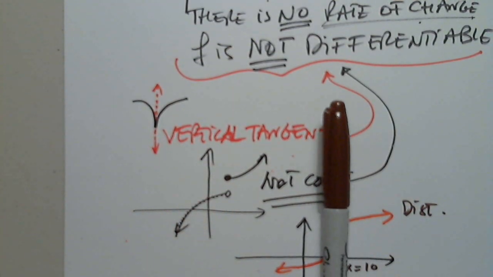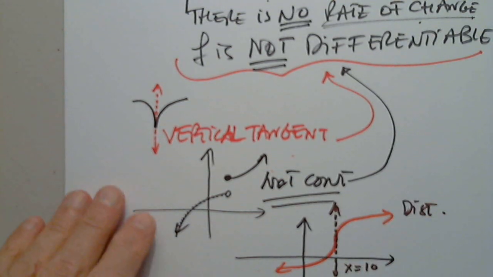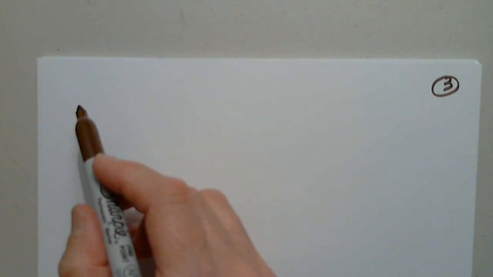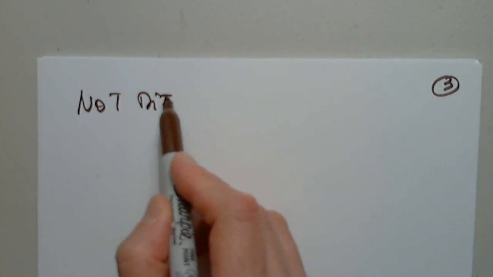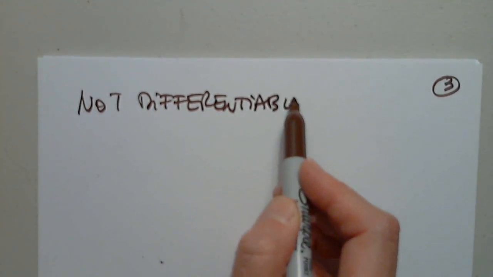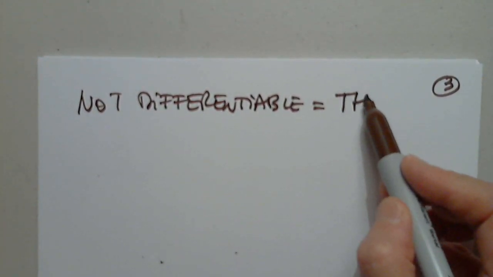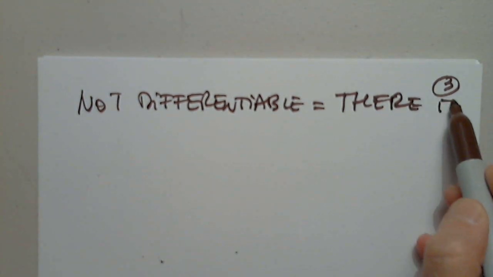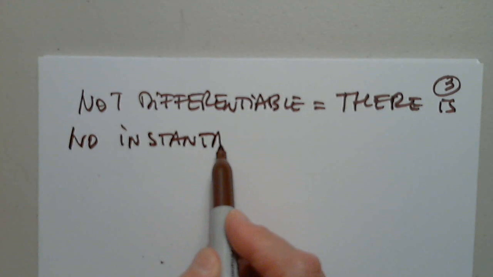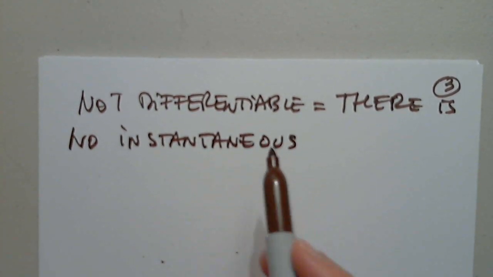A vertical tangent has a slope that is undefined. So not differentiable means there is no instantaneous rate of change. So that's my page 3.